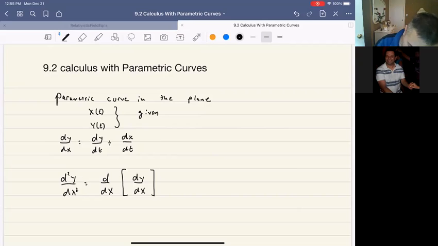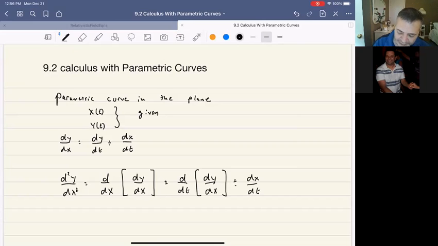So that's going to be d/dt of our dy/dx, divided by dx/dt. And again, in some sense, not the best sense, this dt cancels. Okay, so let's take a look at a problem.